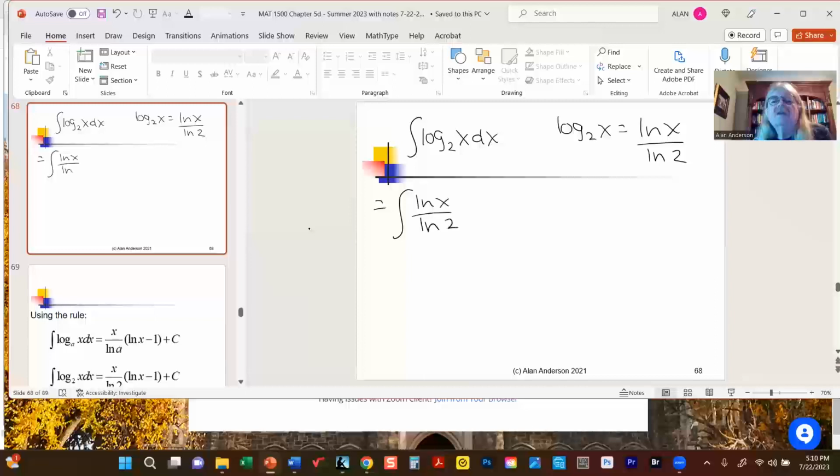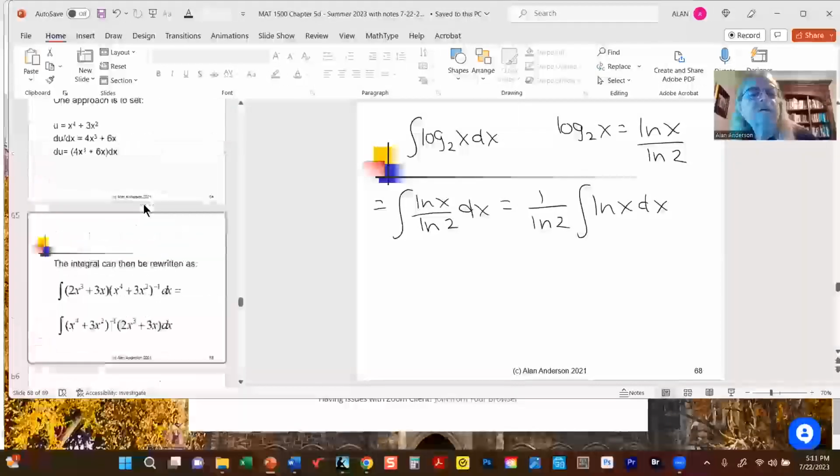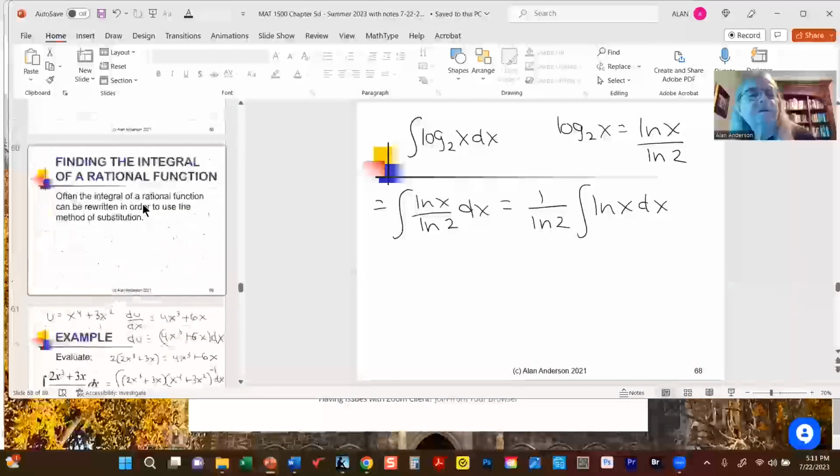But natural log of 2 is a constant. So I'm rewriting log 2 x like this. Then I'm going to move this on the outside. Now, the integral of just log x, let me just remind you what the rule looks like for that one.